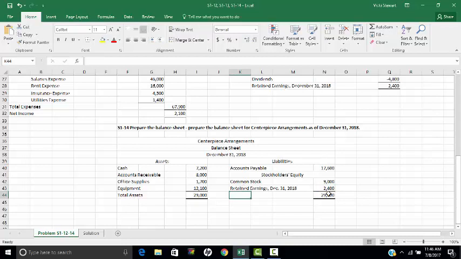So we see that our total assets equal our total liabilities and stockholders' equity. So we're in balance, and we have completed our income statement, statement of retained earnings, and the balance sheet. And that is the conclusion of the demonstration for these Chapter 1 exercises.